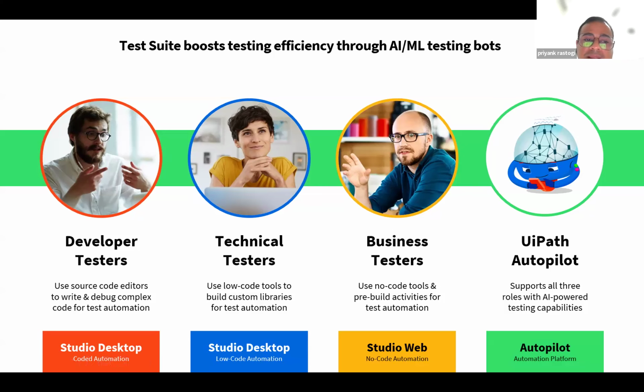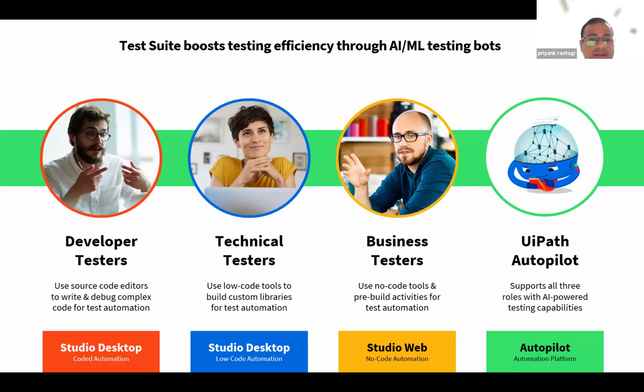So we will see in my live demo, the complex automation where the C# language or coded automation is required can be done in a single click. So for developer testers, the coded automation can be done through a single click using AI features.